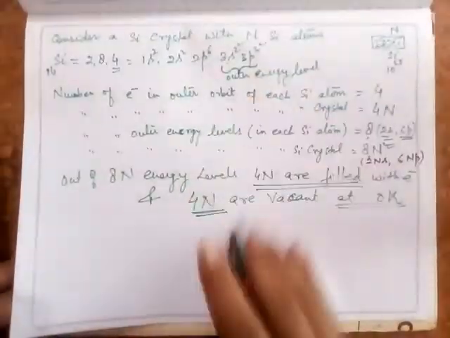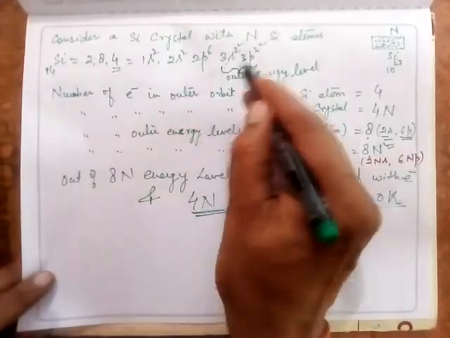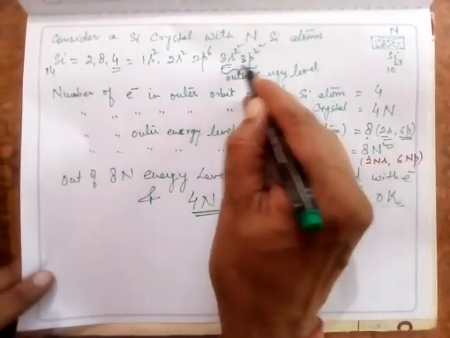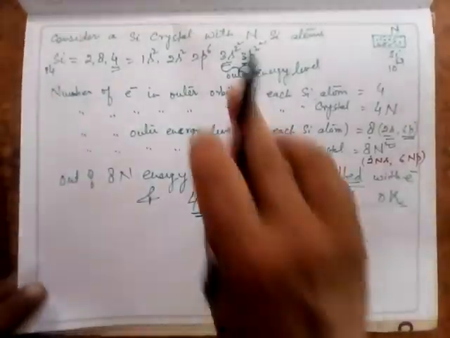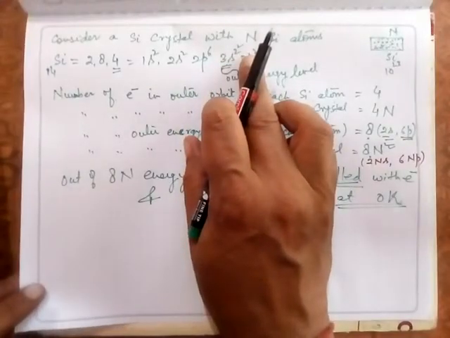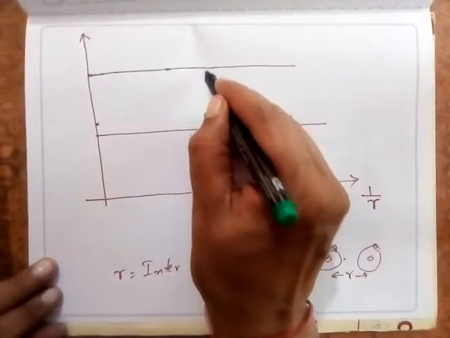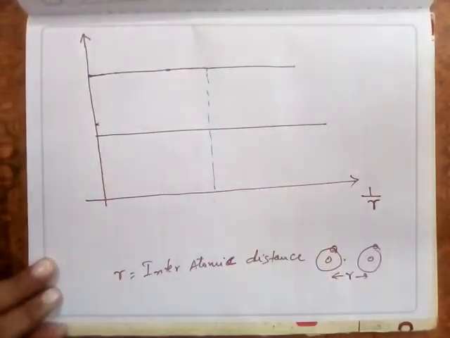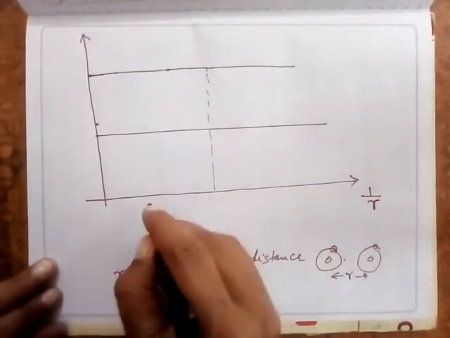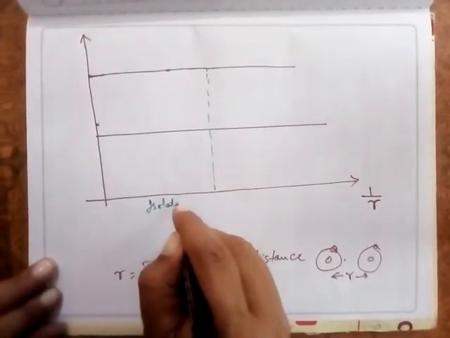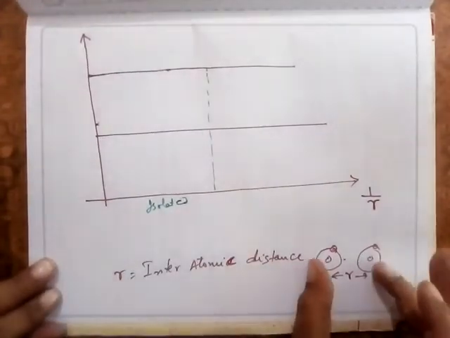The outermost levels are the 3s level and the 3p level. I am interested in 3s and 3p. Now in 3s you have 2 electrons, and in 3p you have 2 electrons. Suppose this is the point where the atom is isolated, and now they come closer.